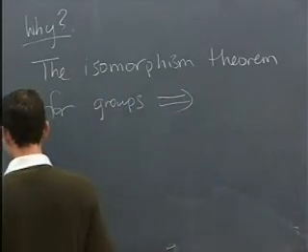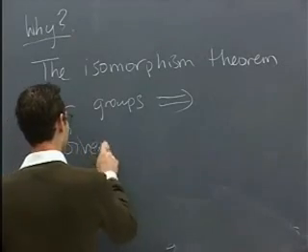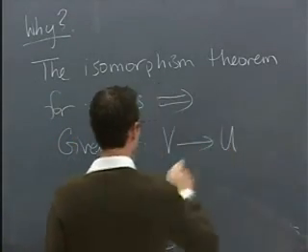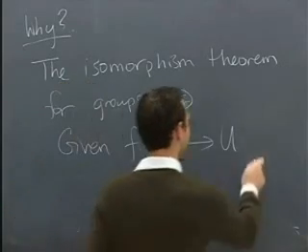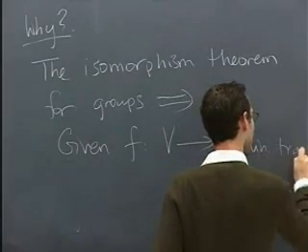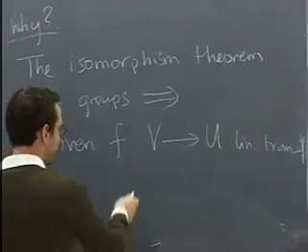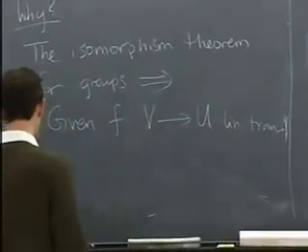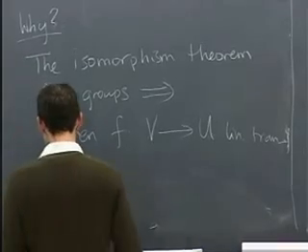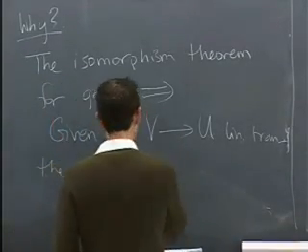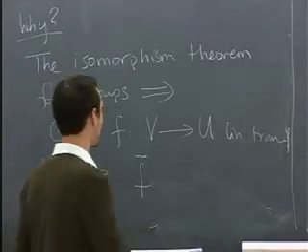But here's a way of putting it. If I have a homomorphism, in fact, in our case, a linear transformation, because we want to preserve linear structure here, we're dealing with vector spaces. So given a linear transformation F from some vector space V to U, the map F bar, remember we talked about the induced map?